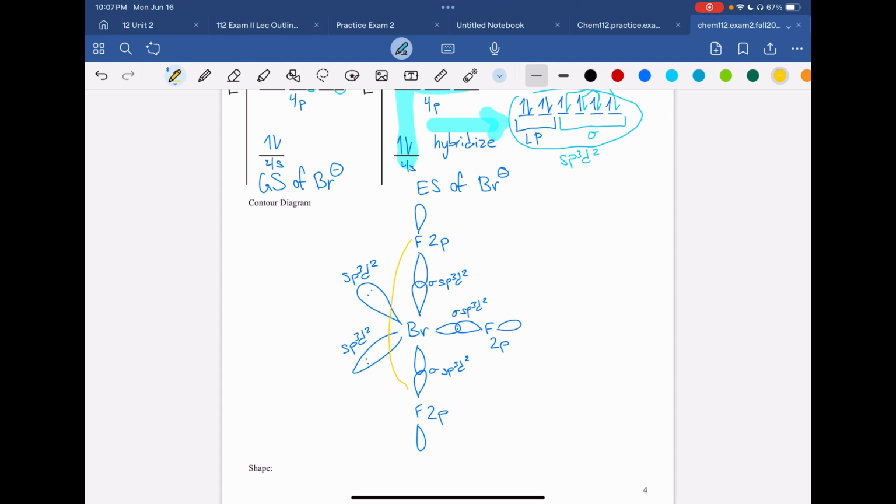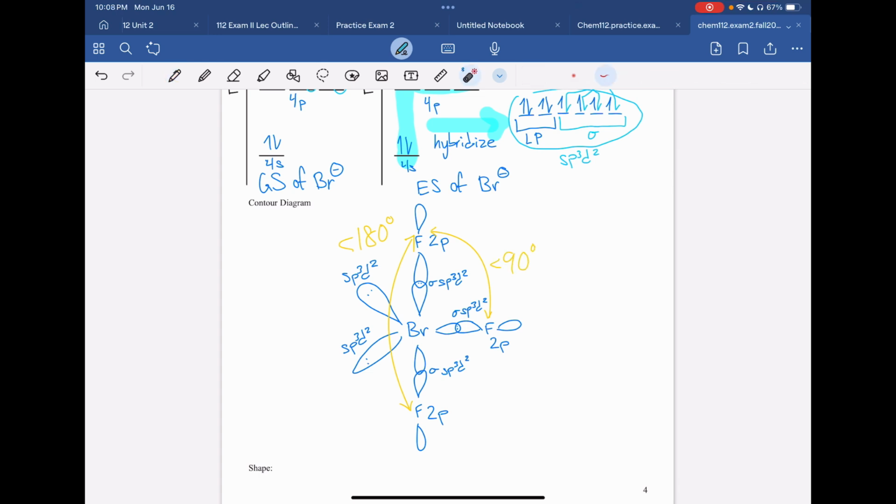Okay, what is the angle from the top fluorine to the bottom fluorine? Okay, think about it now. You have lone pair repulsion, less than 180 degrees. So, and then here to here, less than 90.